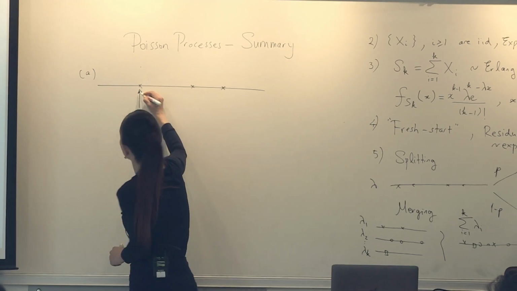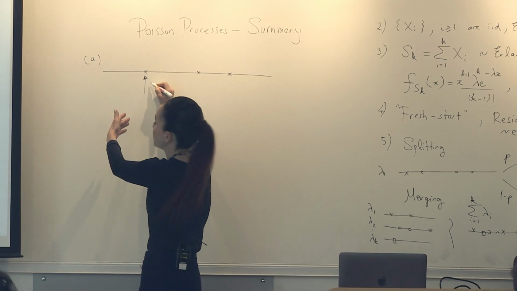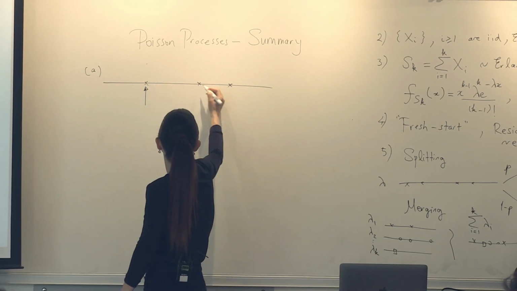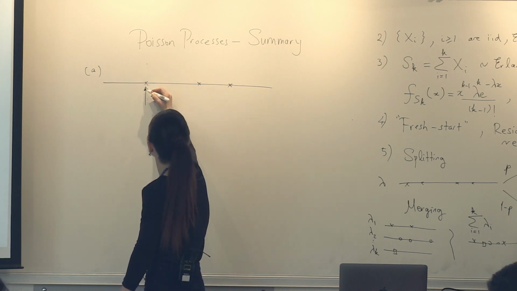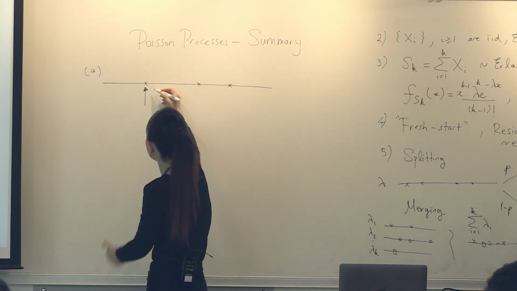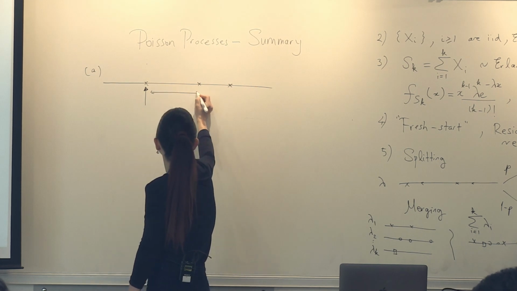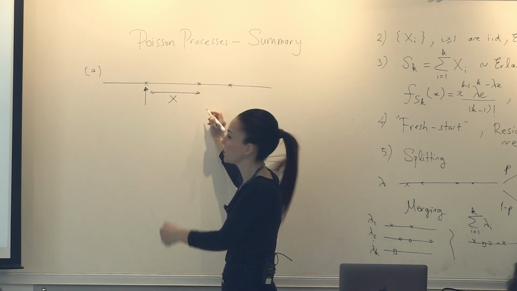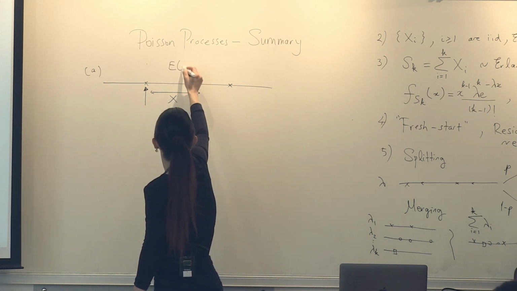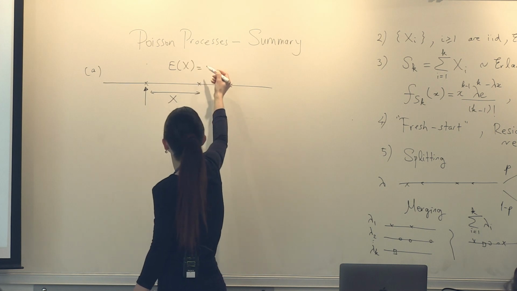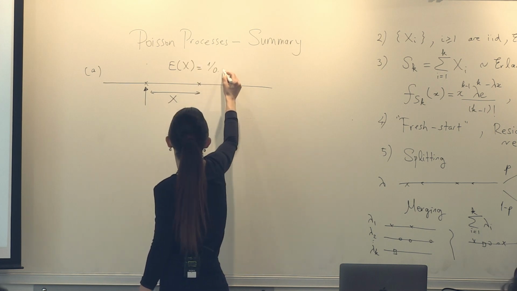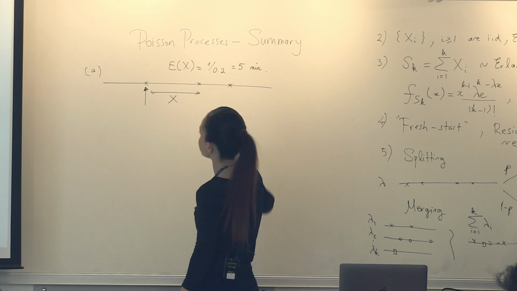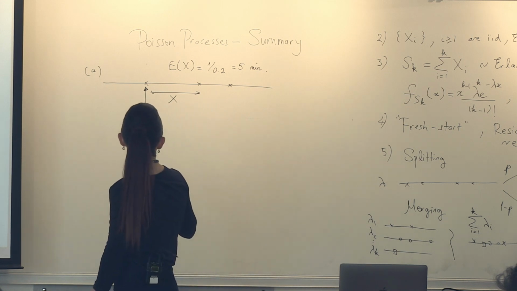I happened to arrive exactly as this bus was leaving, so I'm going to wait for this inter-arrival time between 2 bus departure events. So the expectation of that, of course, is 1 over 0.2, which is 5 minutes. All right.